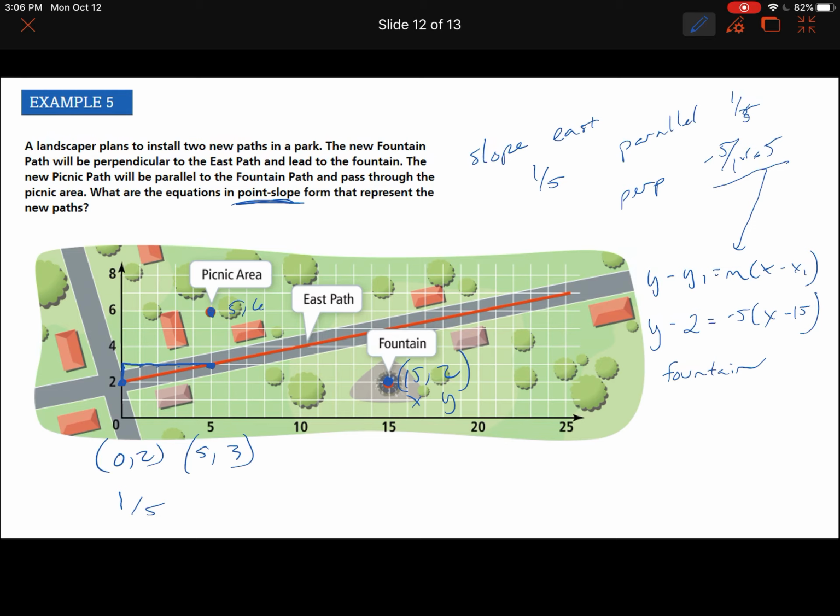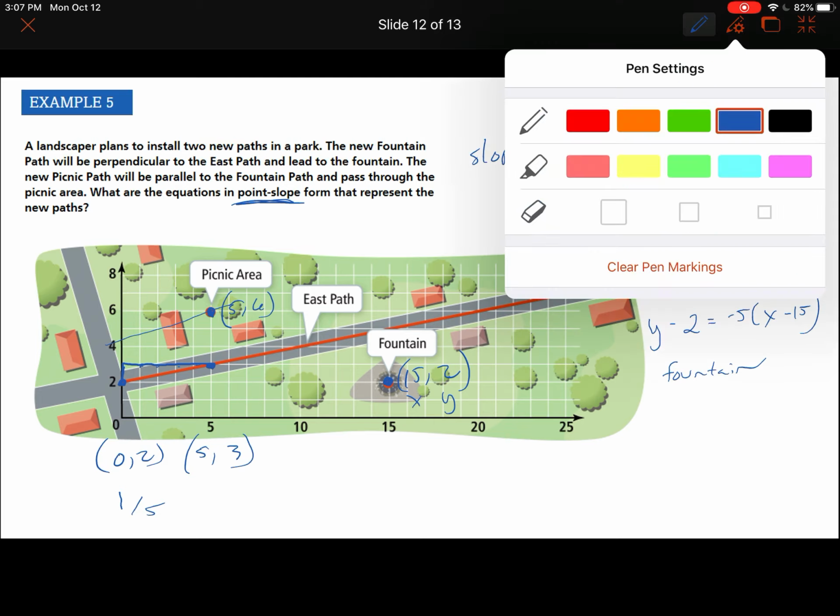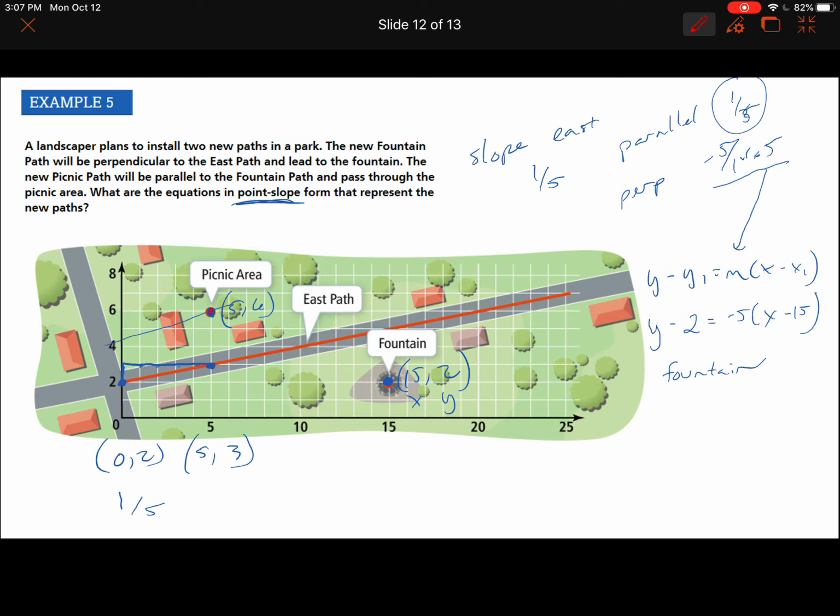Now our picnic, you can see that we have a point 5, 6, and I want to be parallel. I want to run this way. So I want my slope to remain 1/5. So again, we're going point slope form, so let's change colors to red. Again, this is picnic.